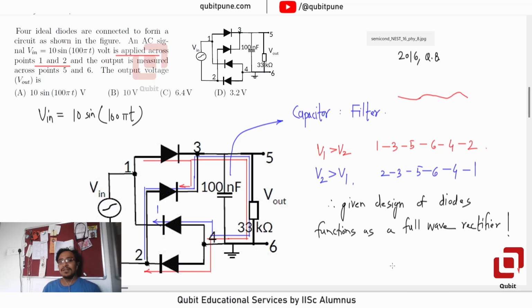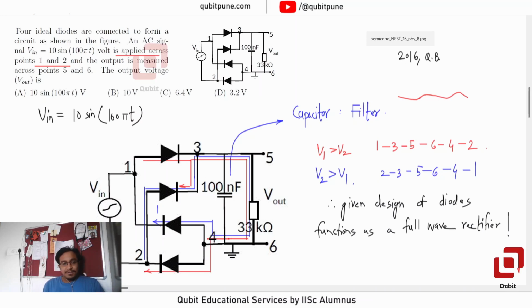Have you understood this part? Okay, it functions as a full wave rectifier.